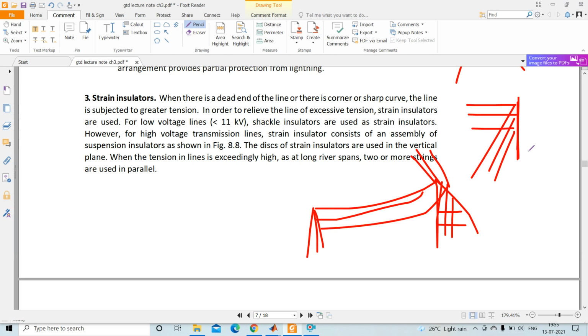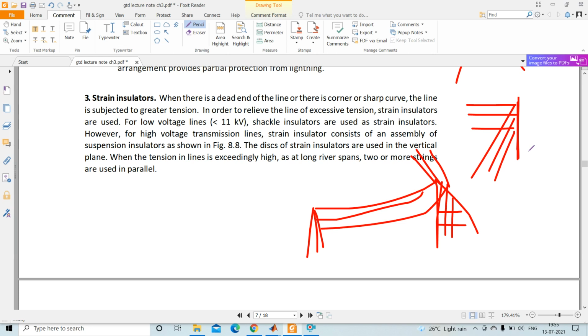So in order to relieve the line of excessive tension, strain insulators are used. For voltage less than 11 kV, shackle insulators are used as strain insulators. But for high voltage transmission lines, strain insulators consisting of an assembly of suspension insulators are used.